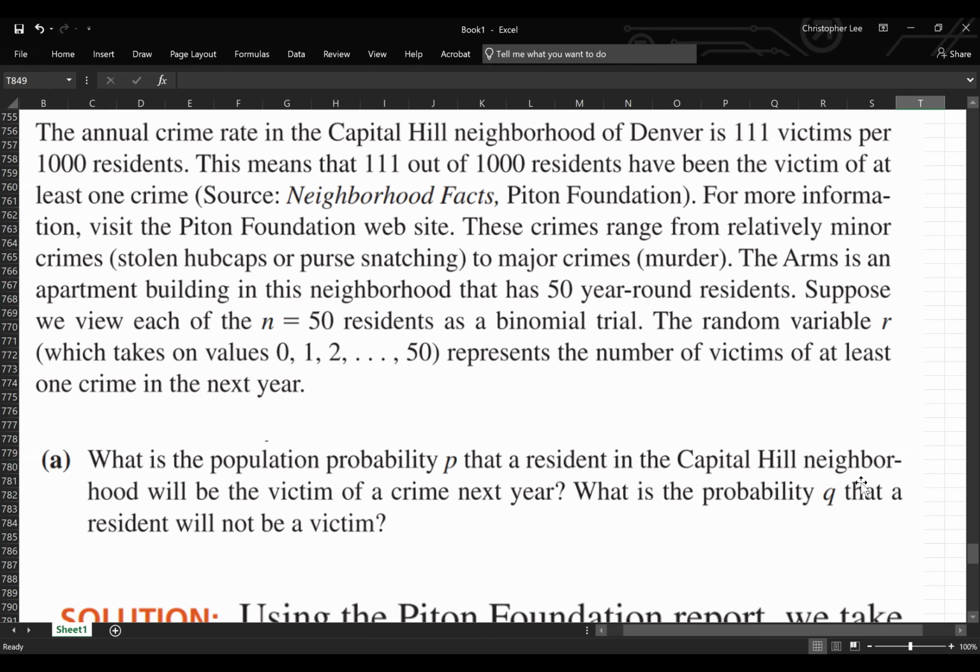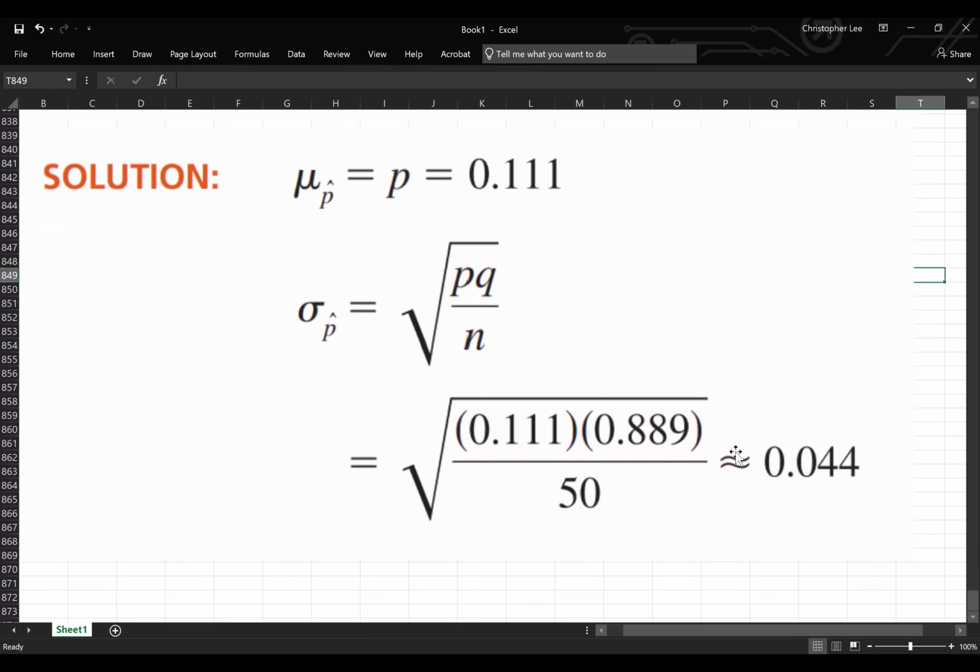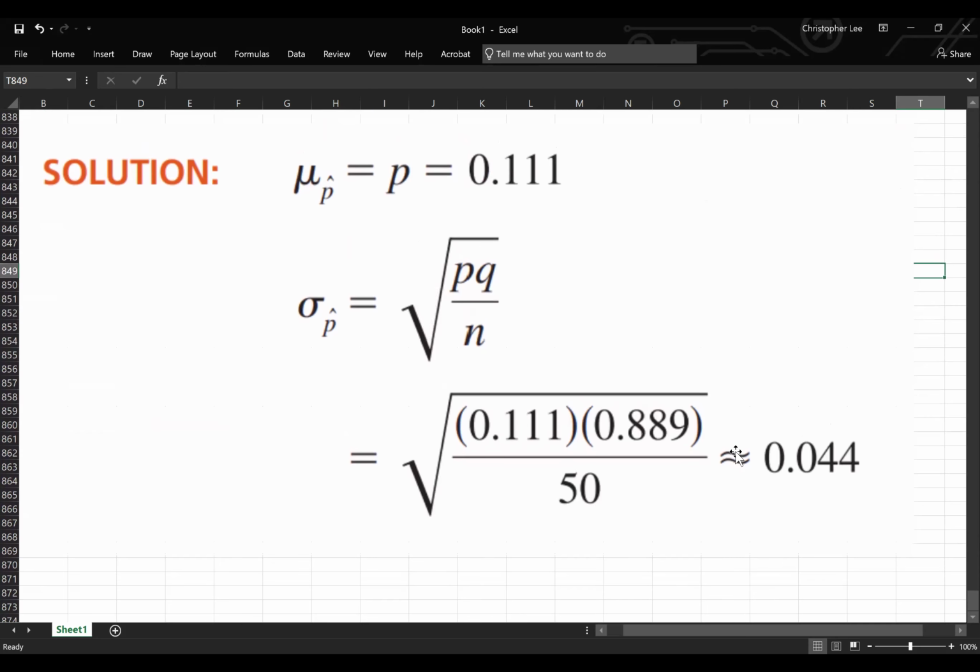Now, they didn't ask you a question here, but they could have gone a little bit further. They could have said, what's the probability that 5 out of the 50 people, for example, would be victimized?